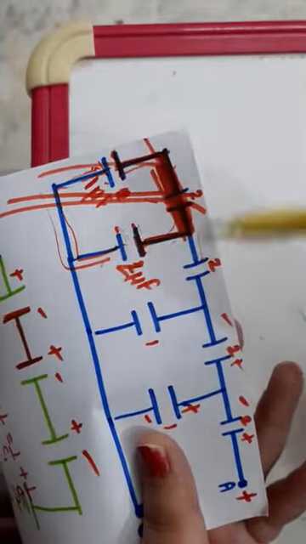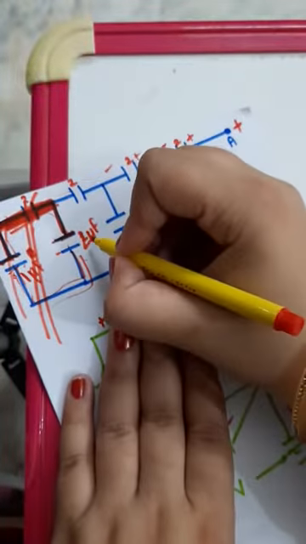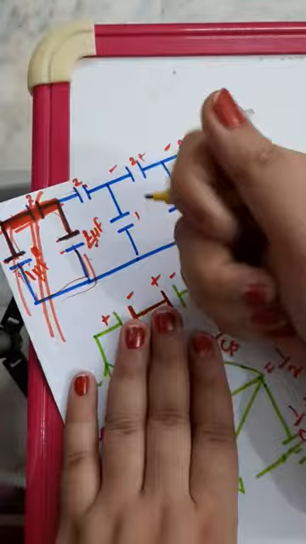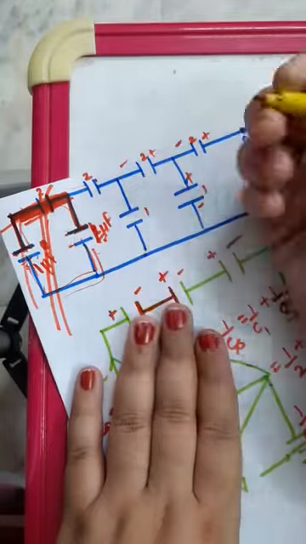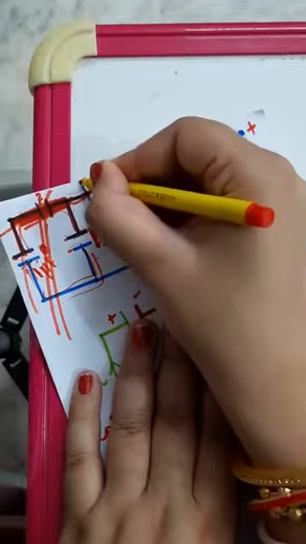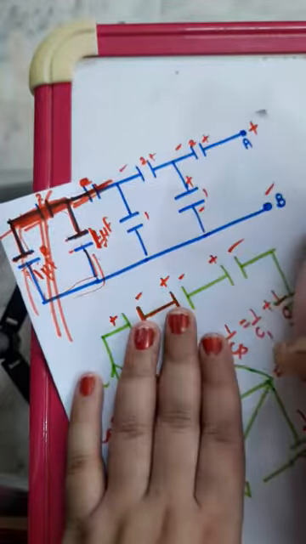So they both are connected in series. And when you find the equivalent capacitance, 1 by 2 plus 1 by 2, it will be 1 microfarad. So we write 1 microfarad here and shorten the circuit so that the two capacitors don't exist here, because you have found the equivalent capacitance.